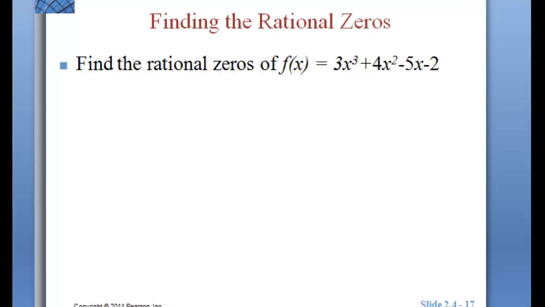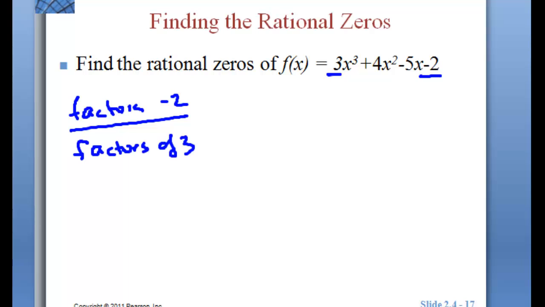Finding the rational zeros. To find the rational zeros of f of x, first thing we want to do is look at the leading coefficient and the constant coefficient. So the leading coefficient is 3. The constant coefficient is -2. So we've got several potential rational zeros of f. We look at the factors of -2 and divide by the factors of 3.